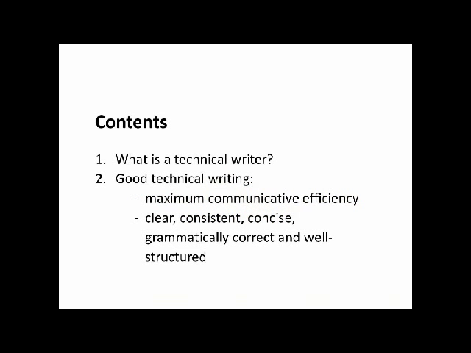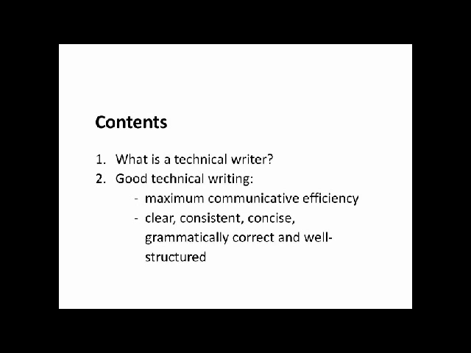So today we're going to speak about what a technical writer is, firstly, and then we're going to talk about good technical writing. By good I mean effective. So we're going to talk about something called maximum communicative efficiency, which is quite funny because I tend to try to dissuade people from using long words like that in their writing, but I will explain what that means.